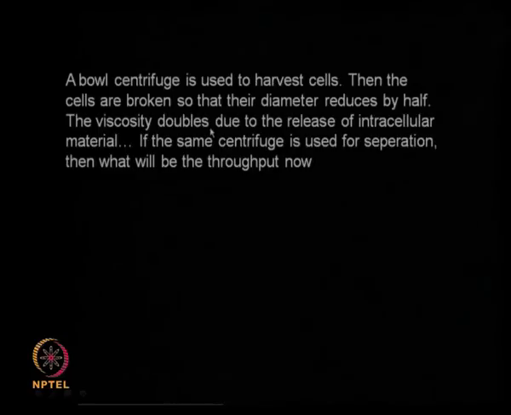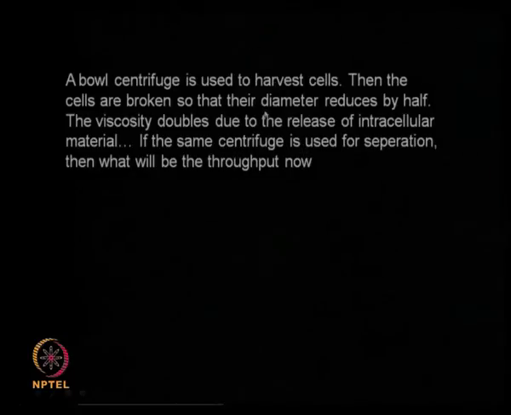The viscosity also doubles, as I talked about a long time back. The release of intracellular materials, DNA, RNA, generally raises the viscosity. So the viscosity is doubling and the particles have become half, and now I use the same centrifuge to once again separate the solid and the liquid. So what will be the throughput?